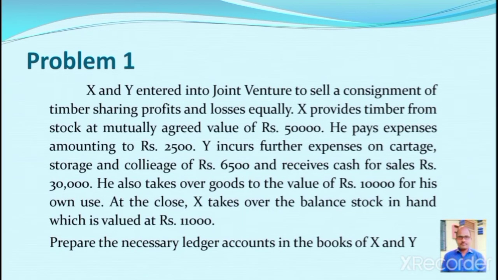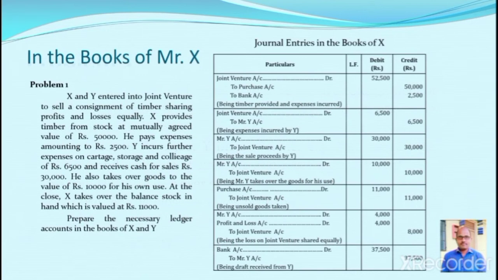Now we will see how these transactions are recorded in the books of Mr. X and Mr. Y. See, in the books of Mr. X, in this problem, there are some transactions which are related to Mr. X and some transactions which are related to Mr. Y. The transactions of Mr. X are recorded directly and the transactions related to Mr. Y are recorded in the name of the co-venturer.